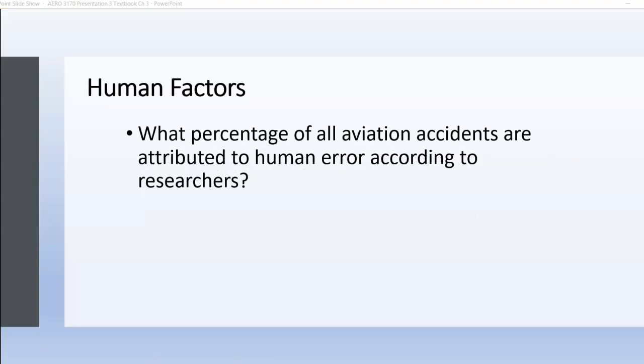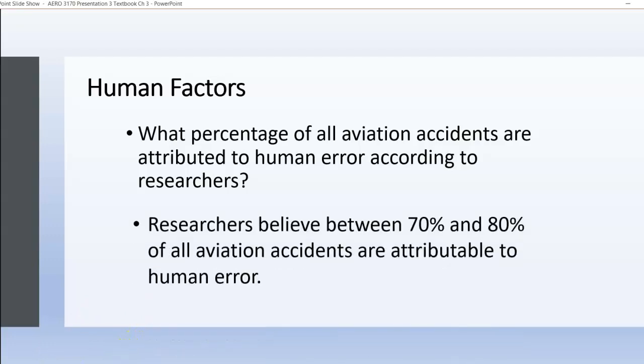So again, what percentage of all aviation accidents are attributed to human error, according to researchers? Between 70 and 80% of all aviation accidents can be attributed to human error. So human error is the major cause of aviation accidents today.